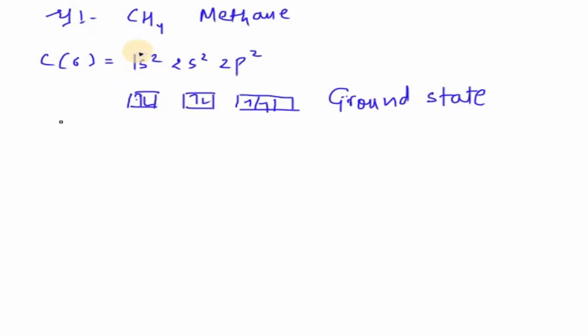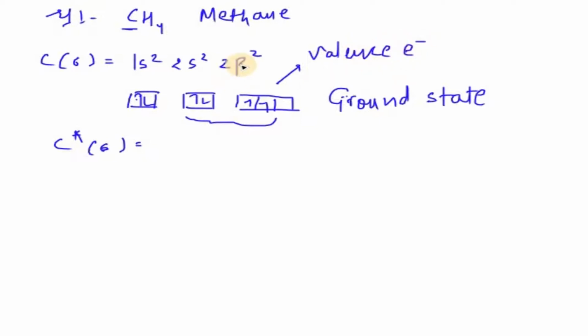So in its ground state, carbon is like this. When it wants to make a bond, it will go into an excited state, because it needs 4 unpaired electrons to form the 4 bonds according to VBT, valence bond theory. These are called the valence electrons because they are in the valence shell. The valence shell here is the second shell.